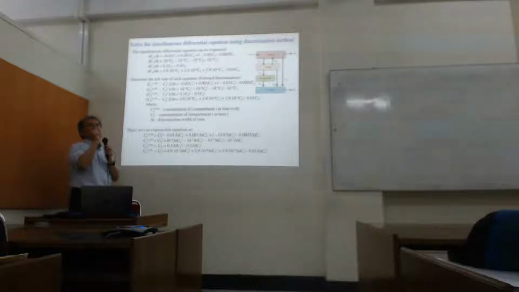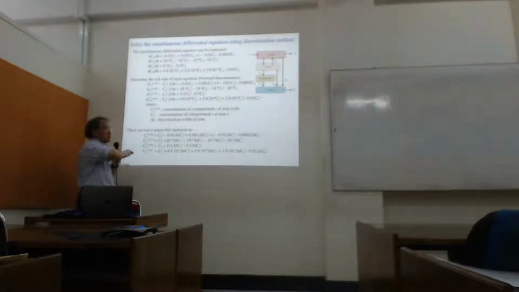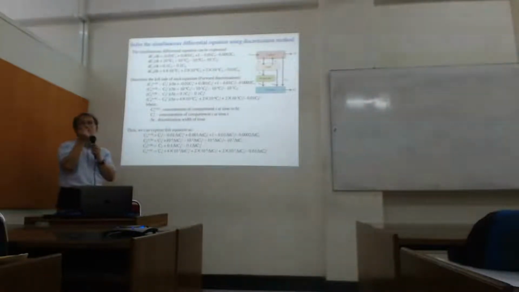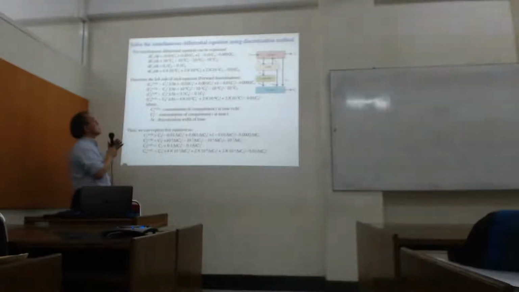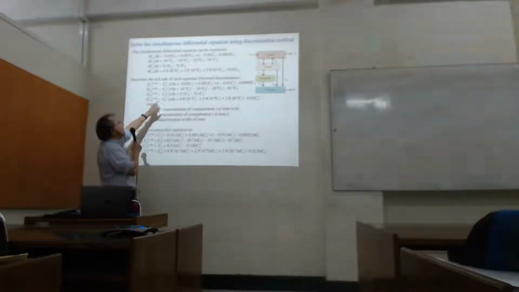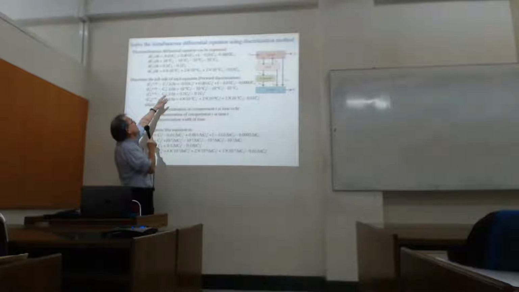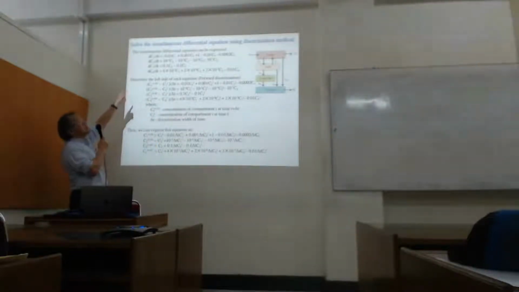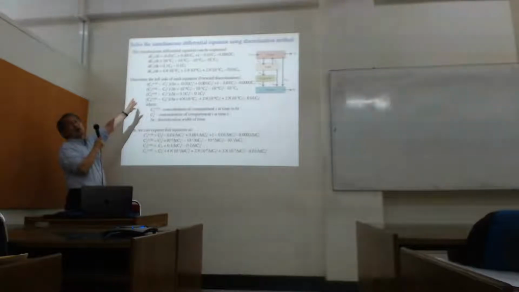Delta t is a very small value. For example, just one day, if you simulate several years, one day is a very short time. So one day, divided by dt, can be the approximate value of the differentiation of C1.